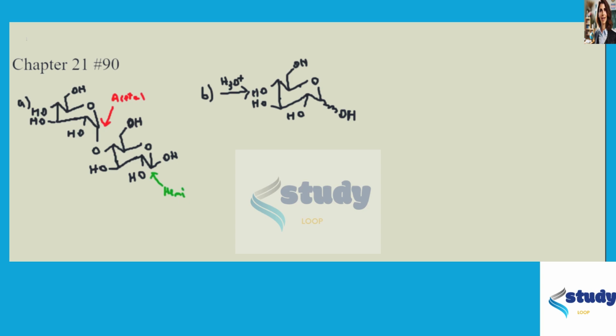So then for part 2 of B, we are asked to use methanol and HCl. Just bear with me while I draw this. So this is not going to affect this top ring at all.